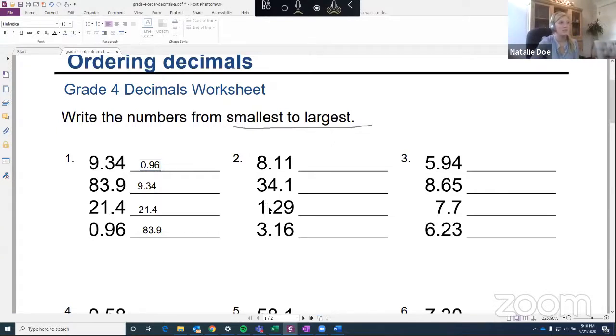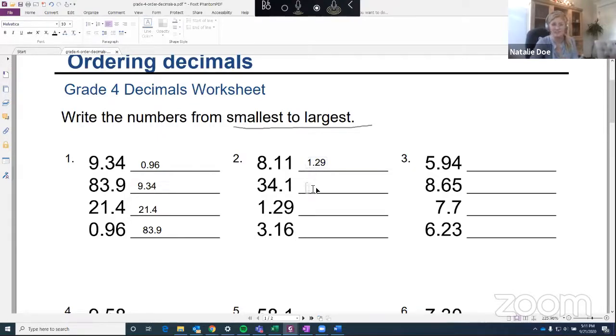So which one of these do you think is the smallest? 1.29. Yep, 1.29. And again, even though this little 0.1 is smaller than this 0.29, this one matters more. So you're exactly right. This one's smallest.